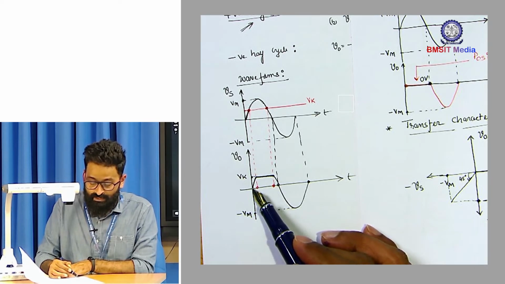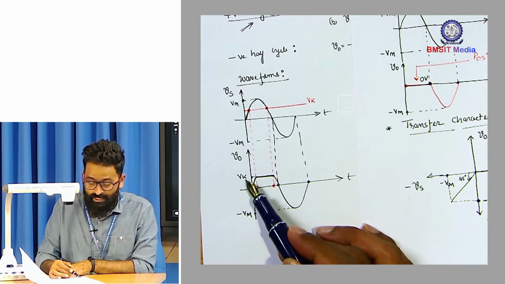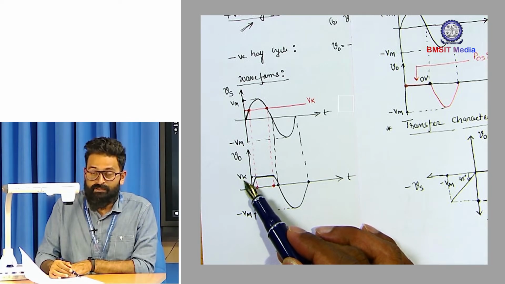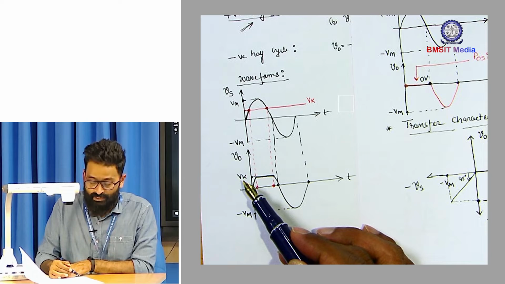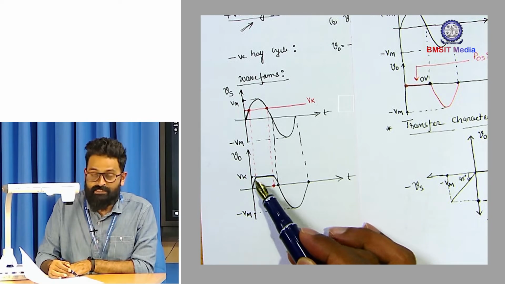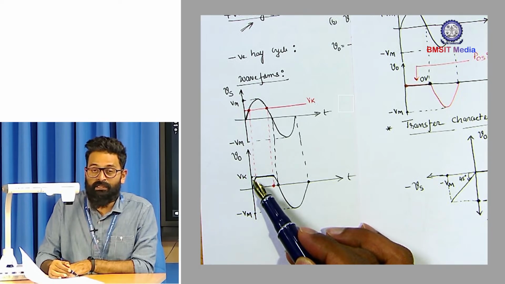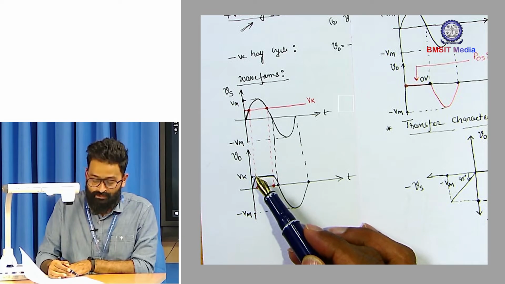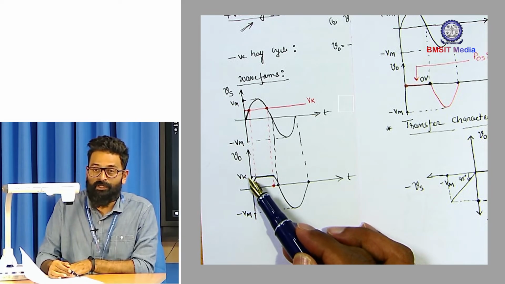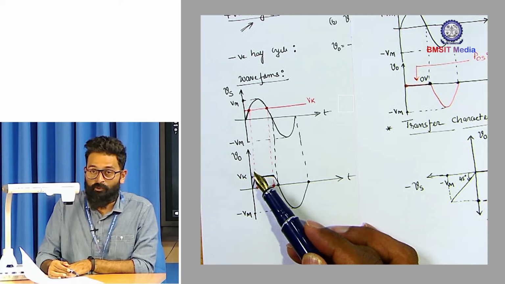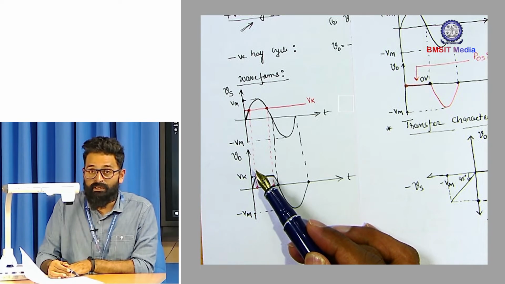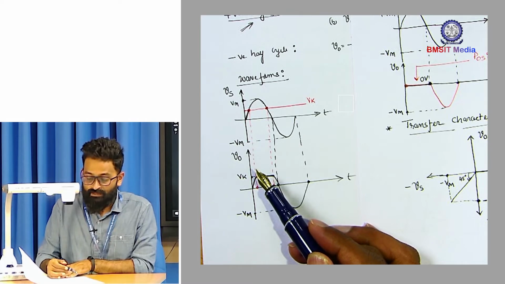Instead, it is clipped at Vk level. So if you consider a silicon diode, then probably you will get the clipping action at 0.7 volts level. And if you consider a germanium diode, then this Vk point is going to be at 0.3 volt level. So this is how the barrier potential affects the waveform shape.